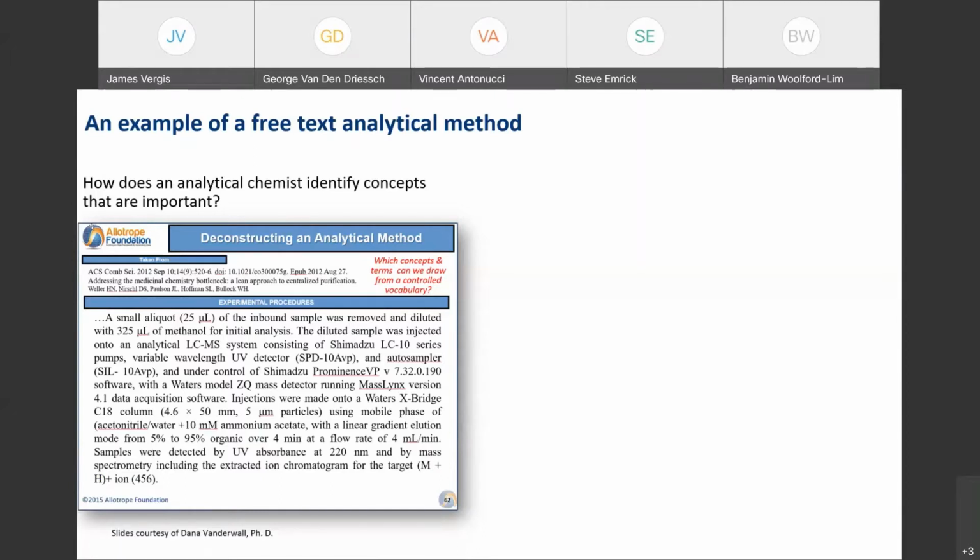So if an analytical chemist was looking at this text, he or she has been trained through their education to recognize certain things. So they understand that there's a UV detector involved in this method. They understand that it's from water. They understand that there's a C18 column, the specs of that column, but that's all done through their education and training. Can you advance that, please, George?